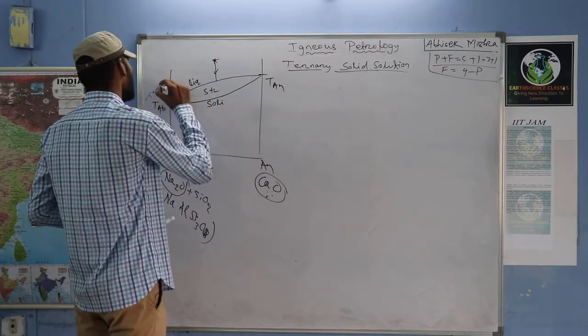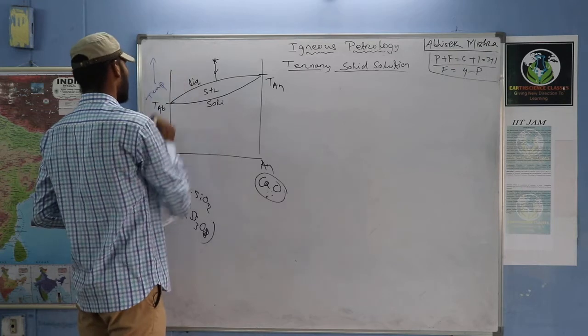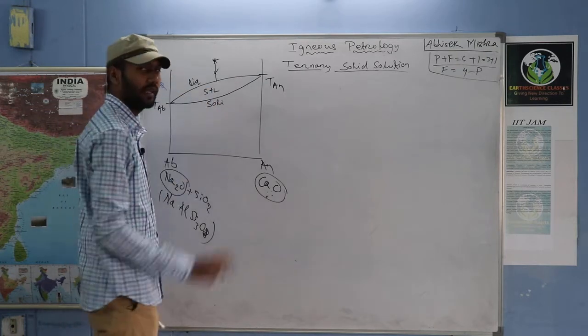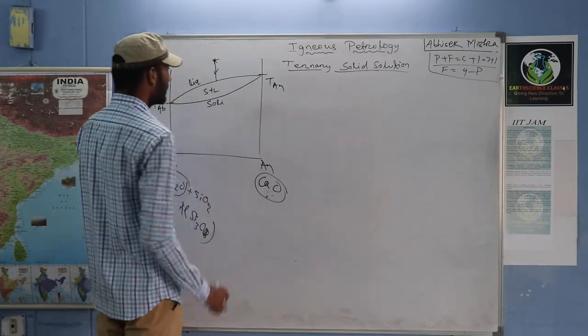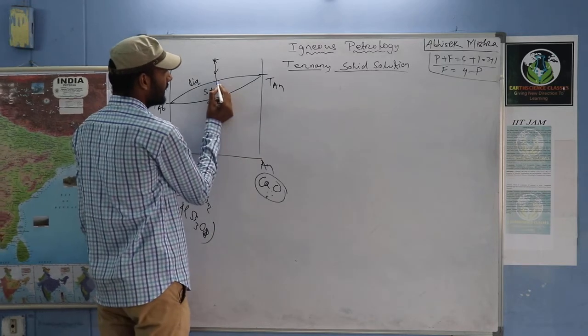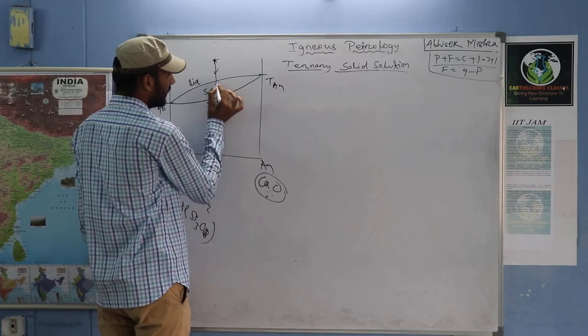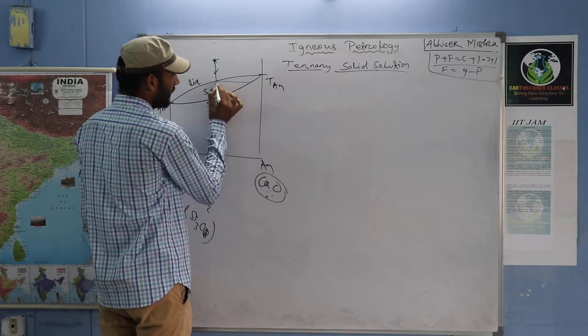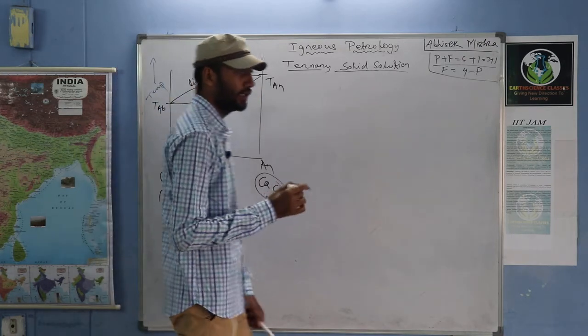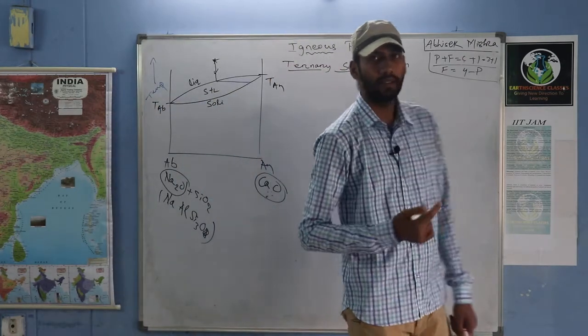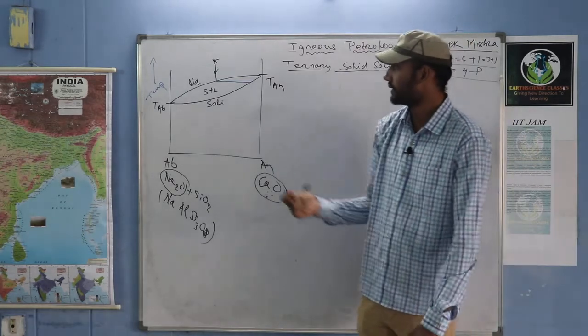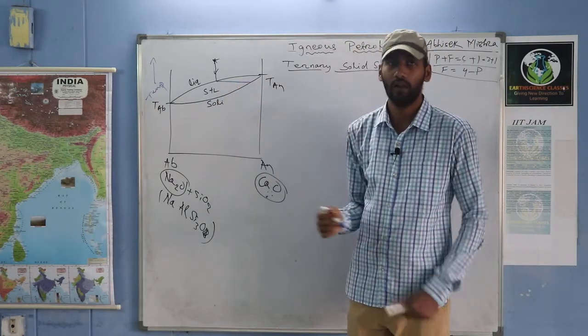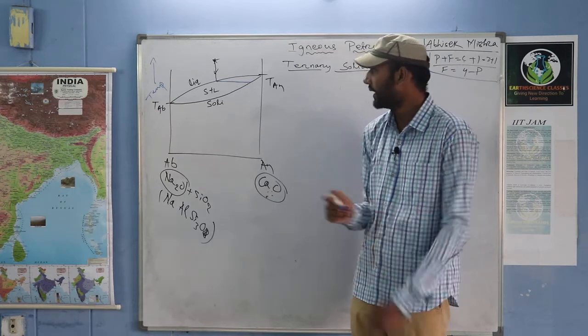This is the temperature axis, right? So we are decreasing only the temperature, not changing the composition. When it touches the liquidus, what will happen? You have to plot a tie line to know what is the first mineral to crystallize.